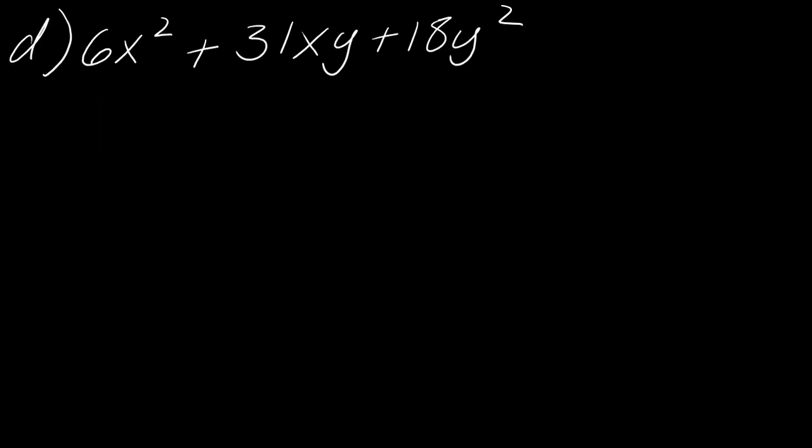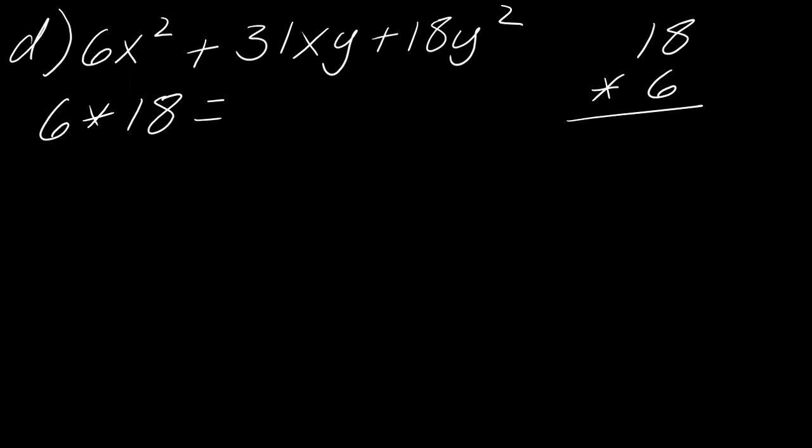Okay, so for this next one, I'm going to use the grouping method one more time just to show it. So there's a lot of different ways to make 6. There's a lot of different ways to make 18. So what I'm going to do is multiply 6 times 18. And there is no shame in the game of actually multiplying out the long way, right?